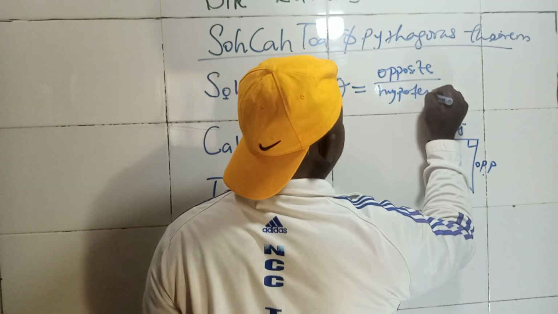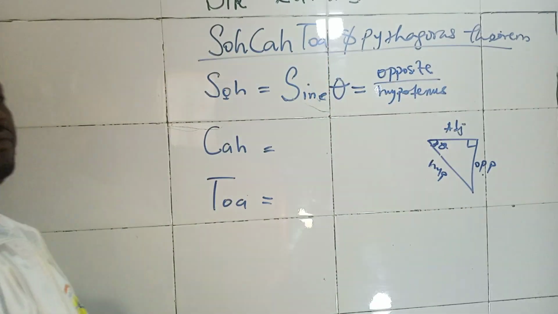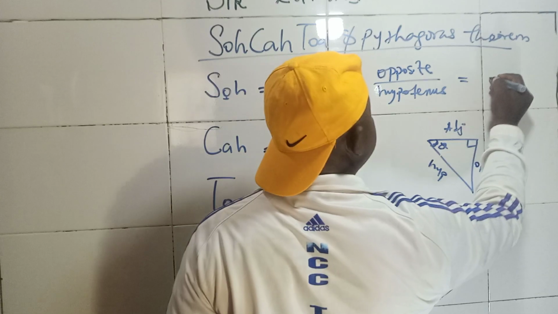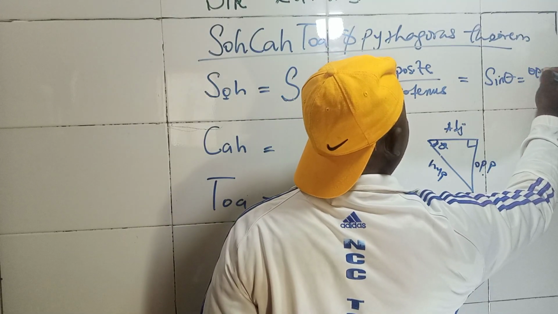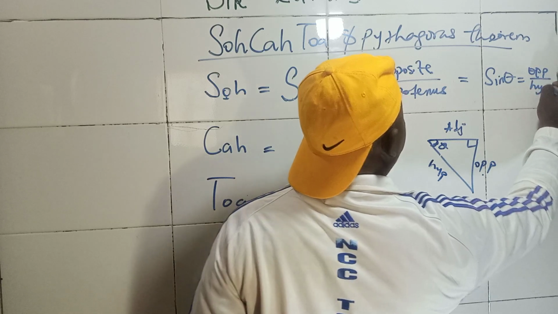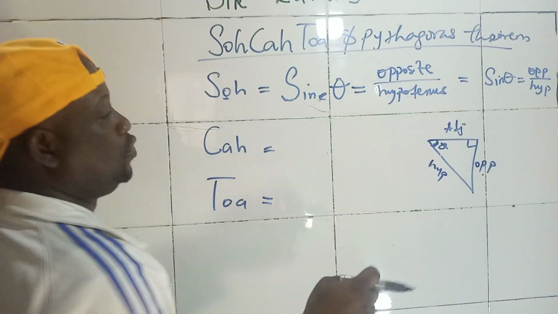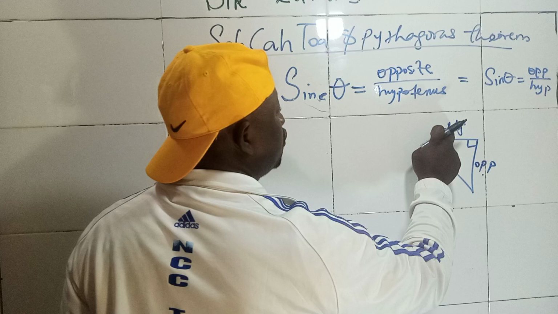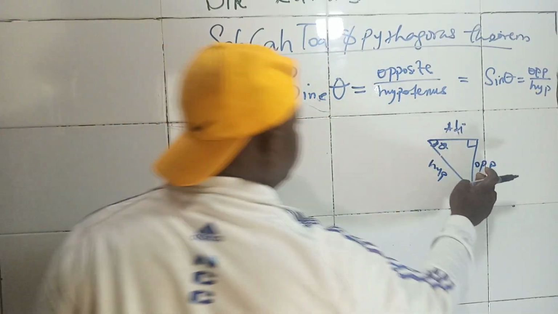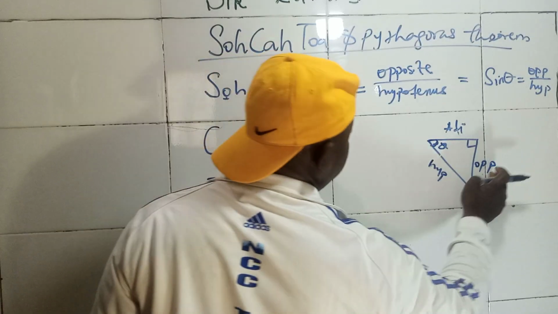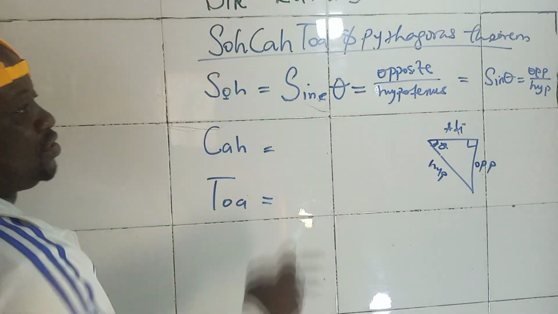Hypotenuse. So you can shorten this as sine theta is equal to opposite, OPP, all over hypotenuse. Because I told you that full length of ADJ is what? Adjacent. Full length of OPP is what? Opposite. So this is the shortened form.